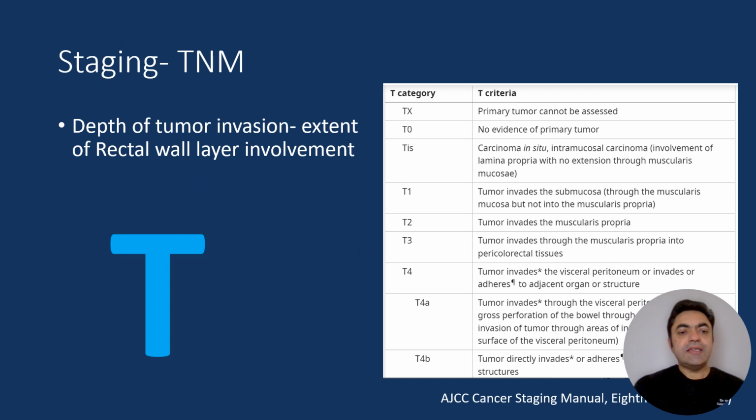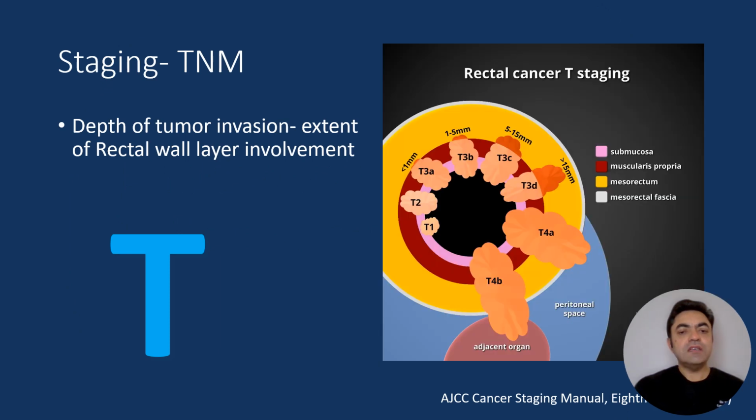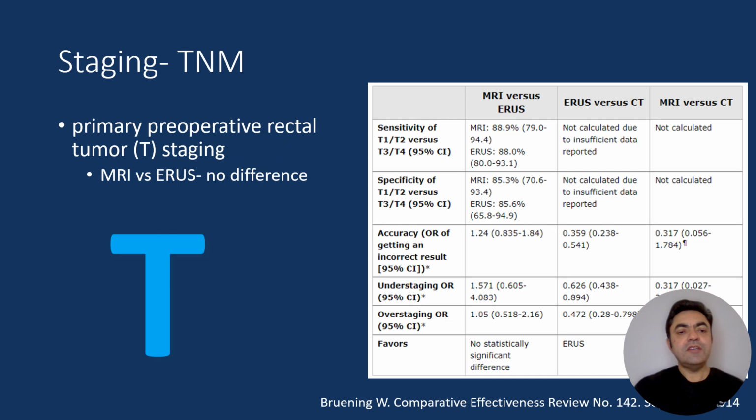Moving on to rectal cancers, again with the T-stage involvement, this is a graphical representation from T1 to T4, which suggests the depth of the tumor invasion. However, when EUS, that is endoscopic rectal ultrasound scan, is compared with MRI scan, there doesn't seem to be any major difference in the T staging.